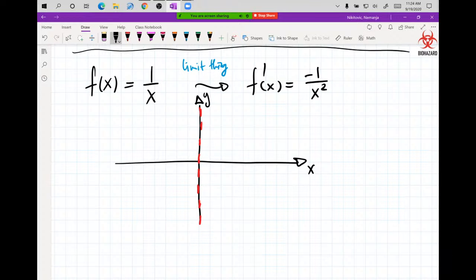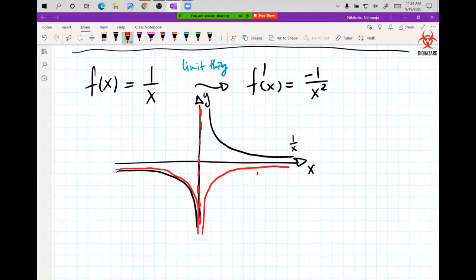And when you draw 1 over x, you get this. So the black is 1 over x. Now the red one is going to be this. And that's your negative 1 over x squared, the derivative.